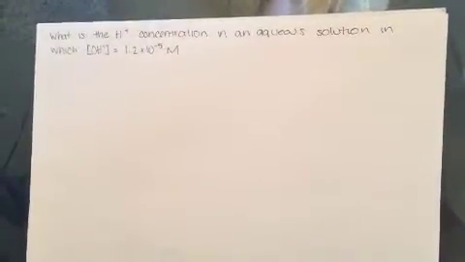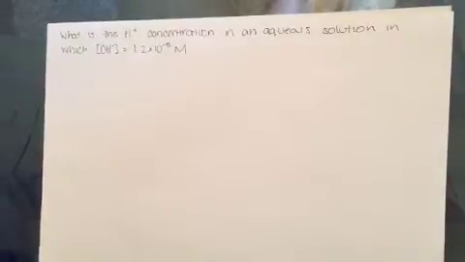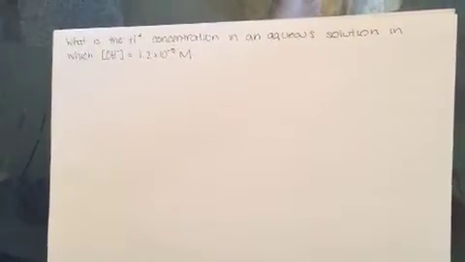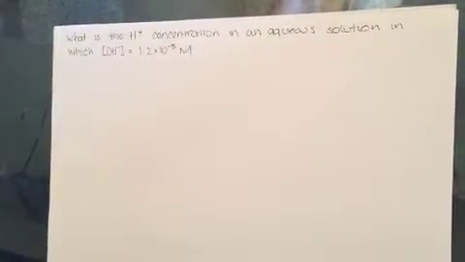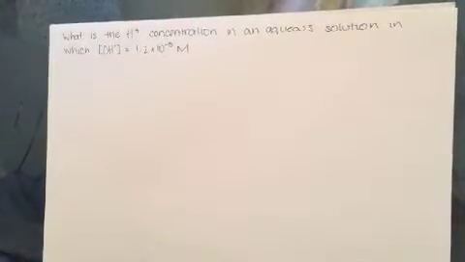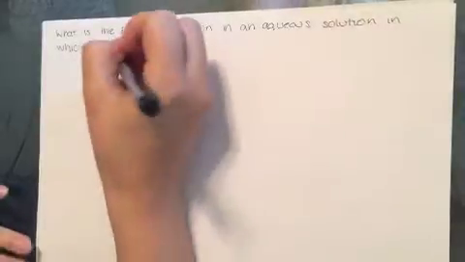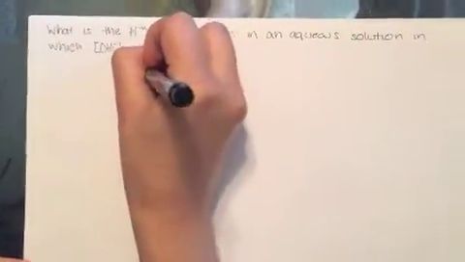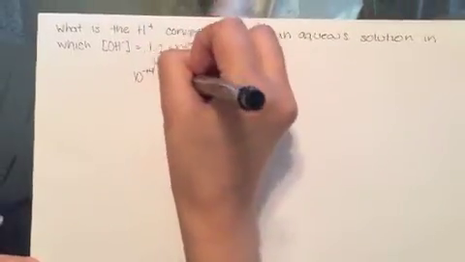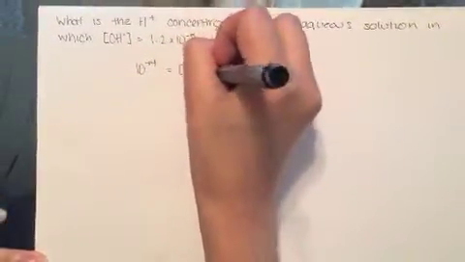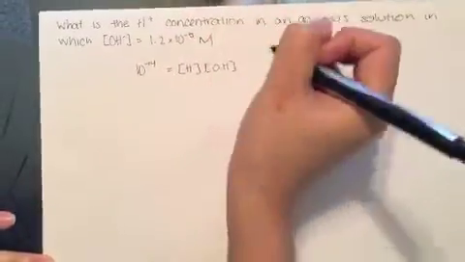What is the H concentration in an aqueous solution in which OH is equal to 1.2 times 10 to the negative fifth? For this problem, since it just wants the concentration, you use your formula for pH, which is H times OH.